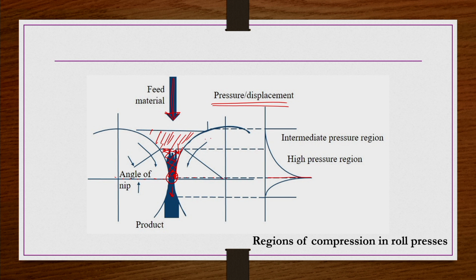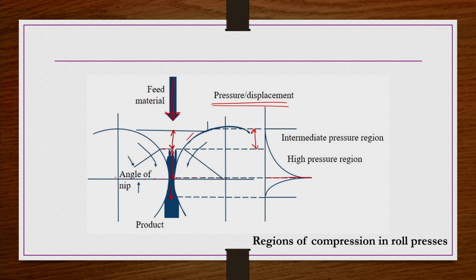So this region, not inside the rolls but here where the material is coming, is an intermediate pressure region, and this region is a high pressure region, and at the center, right at this point, the pressure is very high. Then again, when it comes down as a product, the pressure gradually decreases, but it will not be the same as the intermediate pressure region when the material is entering.